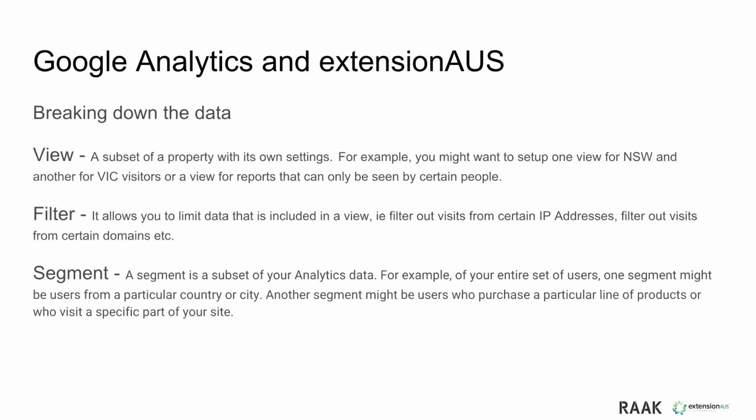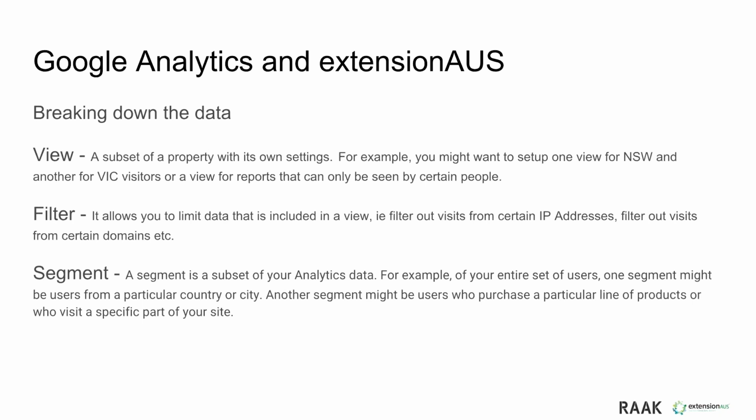So then there are some things that you need to know about breaking down data. Within a Google property, you can create a view, which is initially just the same as all website data that it collects. But within a view, you can then filter and segment data. Filtering is a very handy tool to exclude certain data from being analyzed.